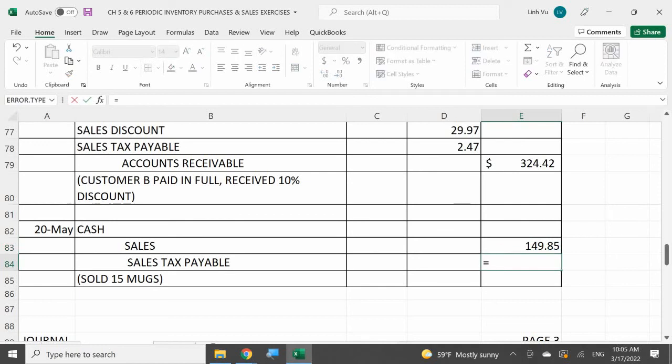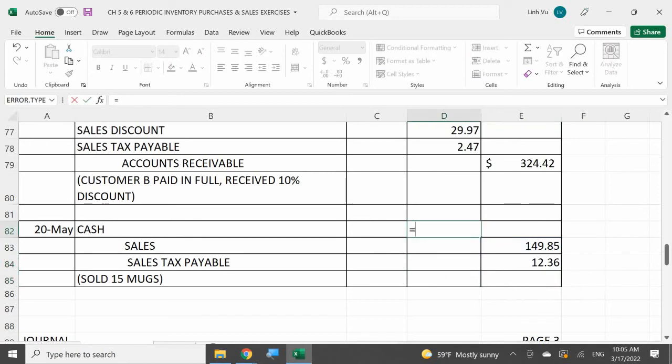Okay, how much tax am I going to be collecting? $12.36.